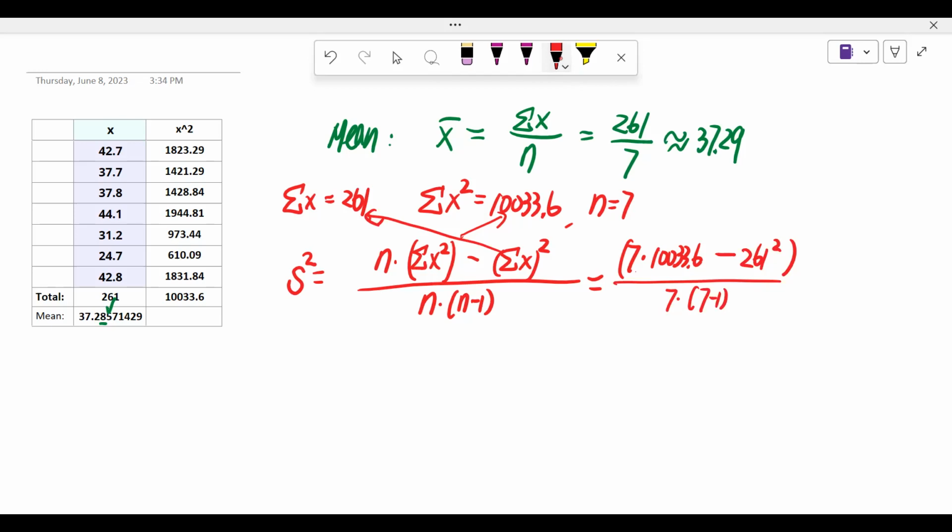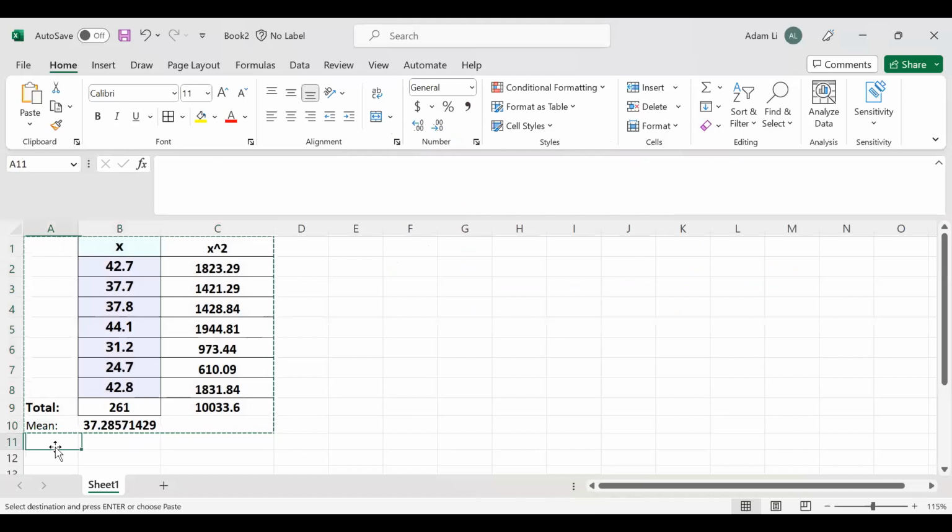Make sense? And again, all this work is easier to complete in Excel, or the calculator, if you decide to go with the calculator, feel free to do that. So let's compute the variance here.